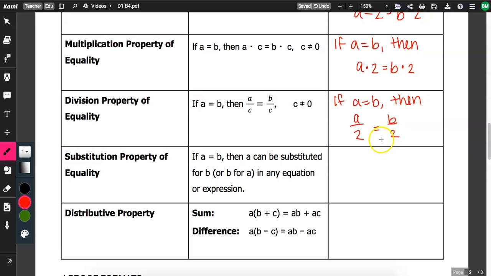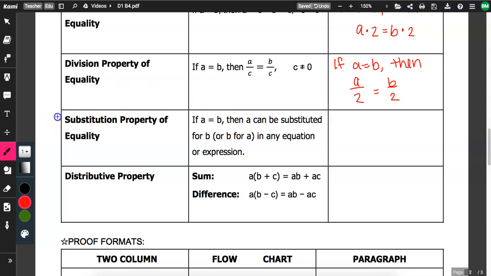Pretty straightforward here. We have our substitution property. We'll use this one a little bit throughout our proofs. If A equals B and A equals 20, I'm just making up an example here, then B equals 20. I substituted 20 in place of A, because 20 equals 20.